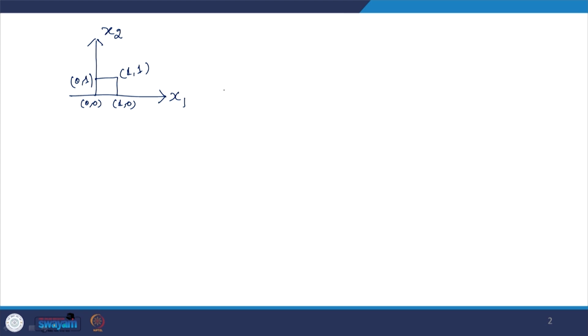I apply a linear transformation T from R2 to R2 such that T of x1 x2 equals 2x1 2x2. Now this transformation is scaling each dimension by 2.